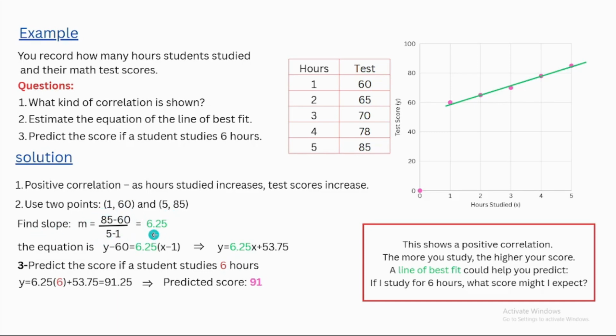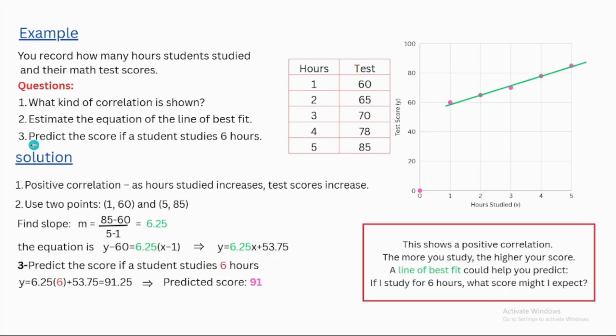So we get the slope equals 6.25. The equation is, this is the way, y minus y1 equals slope times x minus x1. And we use this point to make the equation. y minus 60 equals slope times x minus 1. So the equation is y equals 6.25x plus 53.75.